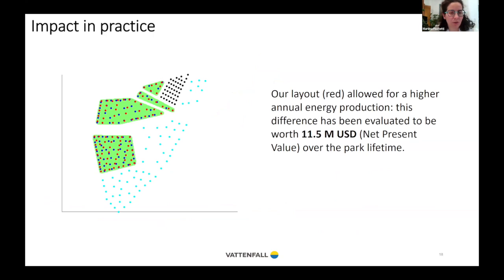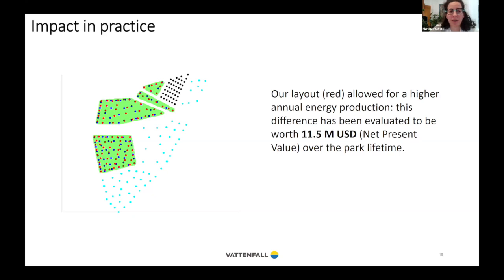In this plot, you can also see a lot of other dots that are outside the green area. These are existing wind farms that were already in the area. It is very important for us to consider these turbines, because even if we cannot change them since they are already built, they will have an impact on our turbines, because they also generate wake effect on us.